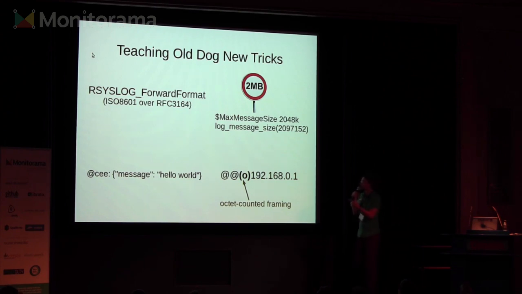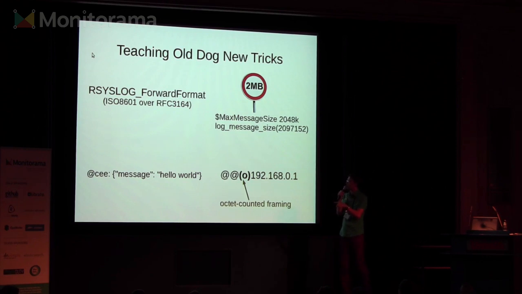And the last one is this thing, which actually works everywhere. It works with every tool and every daemon. In that free-form message part, you can just say @cee, because CEE is the name of the standard, and then you can slap a JSON there.